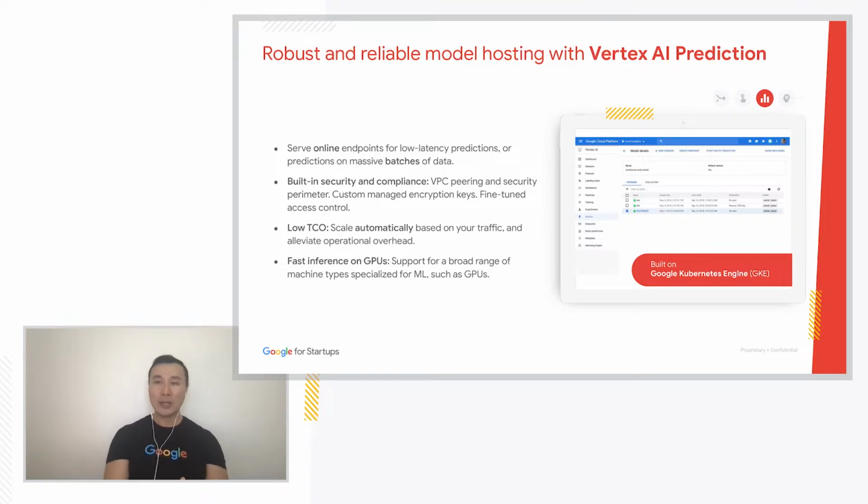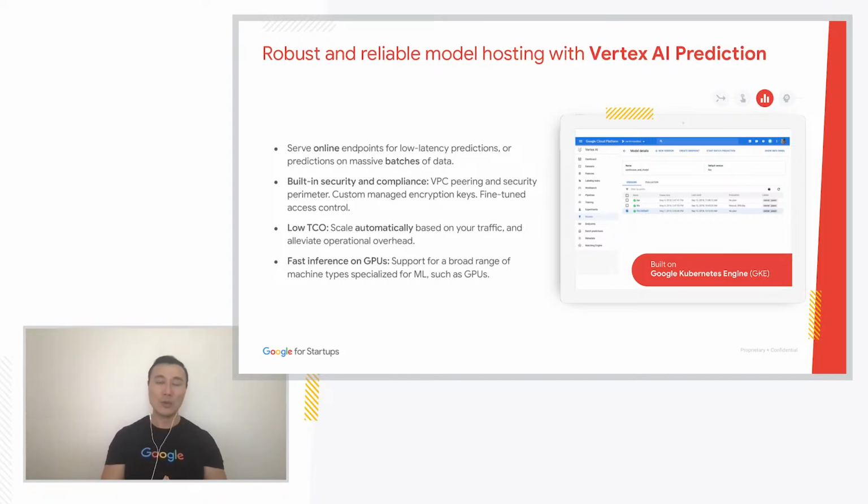Online prediction is where you deploy a container into the endpoint so that it can load the model up and serve online real-time inferences. And you can also do batch prediction. A typical use case is if you have a batch-oriented workload and hundreds of thousands of inferences that you can run during off hours or something like that.